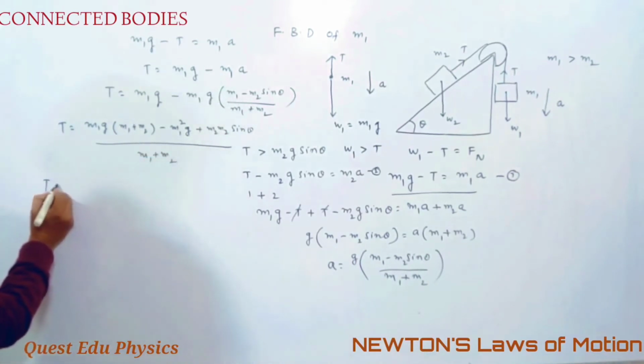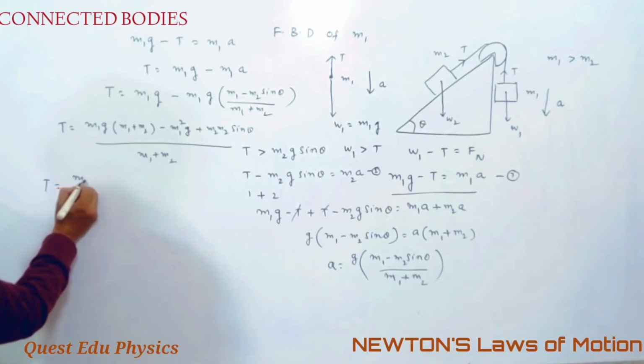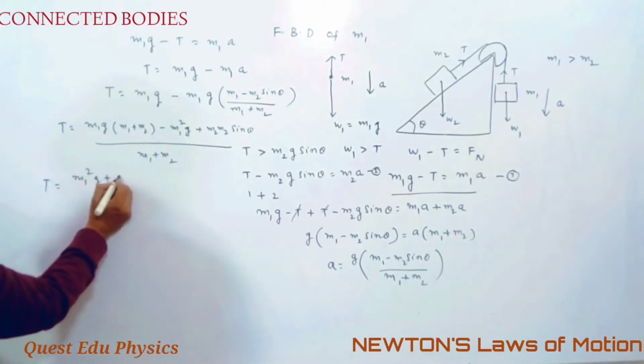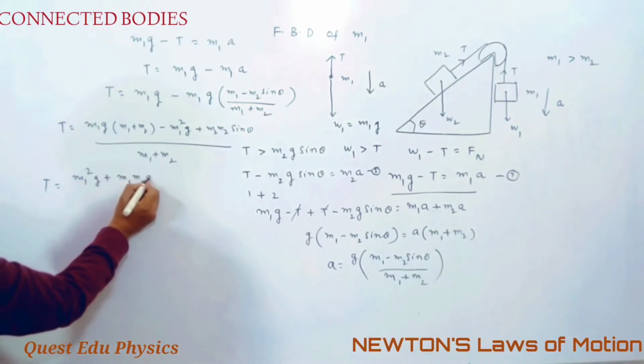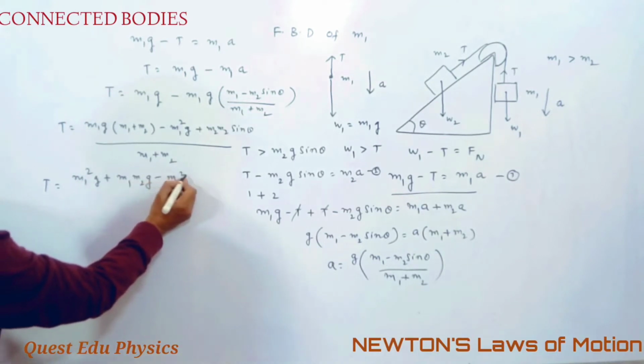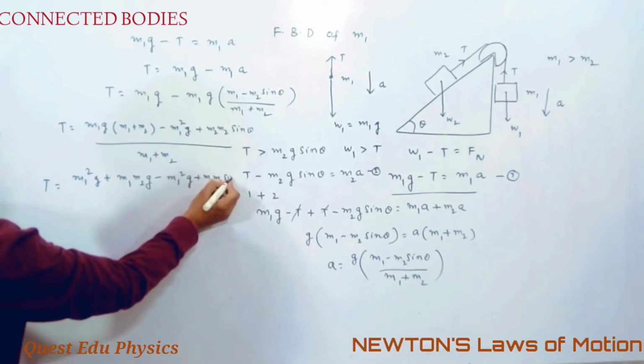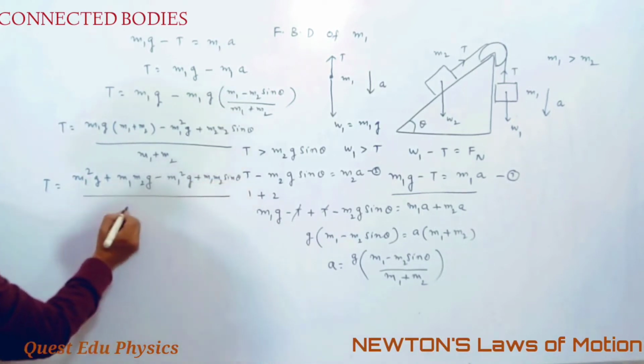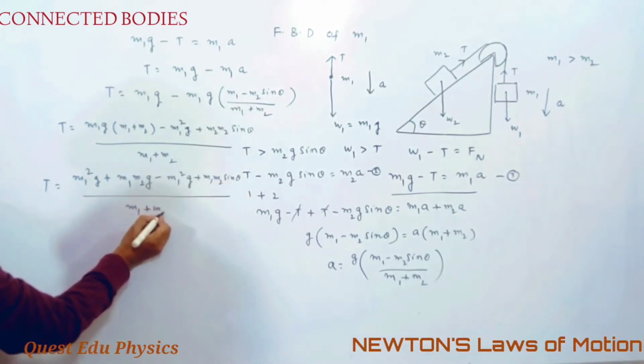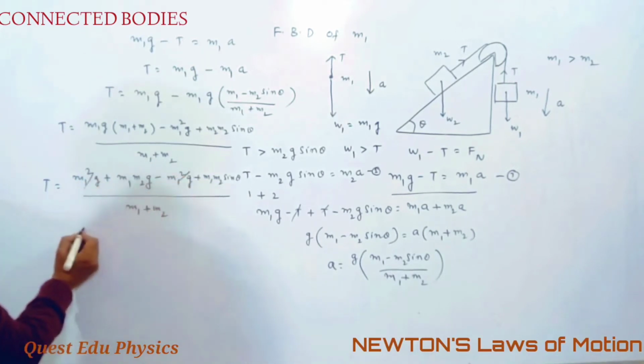Finally we can write T is equal to M1 squared G plus M1 M2 G minus M1 squared G plus M1 M2 sin theta divided by M1 plus M2, and these terms get cancelled.